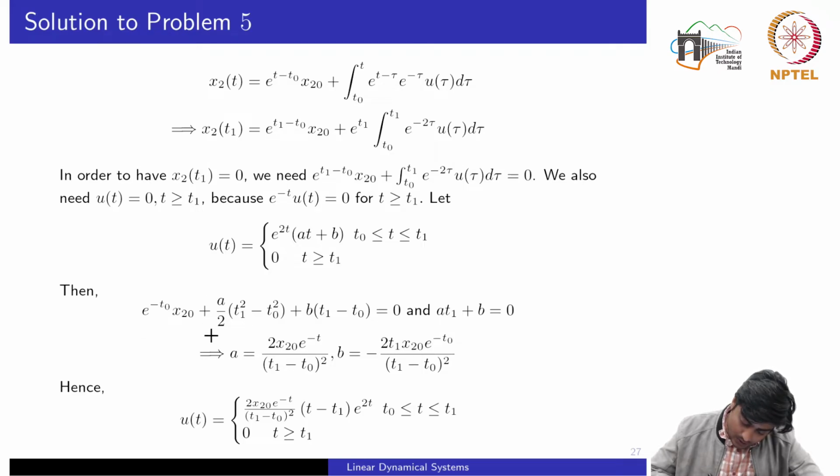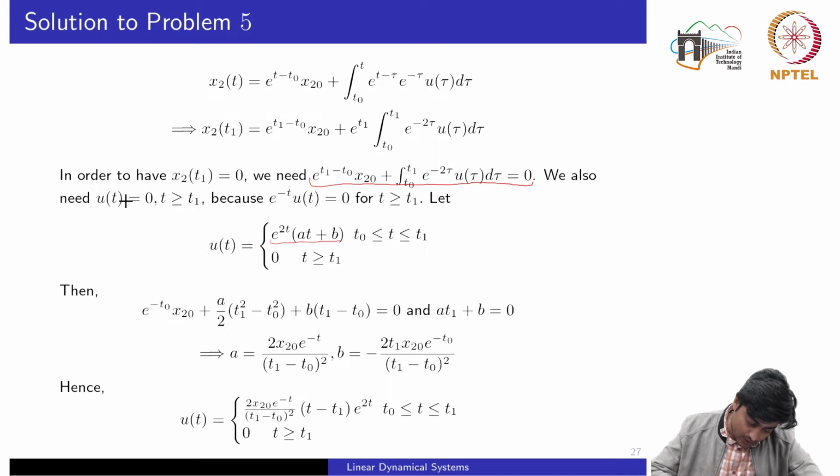So this requires two equations to be solved. The first one we have obtained from here. We just need to substitute u(t) into this expression which we have specified here, and since this computation is between t0 to t1, we would use this u(t).